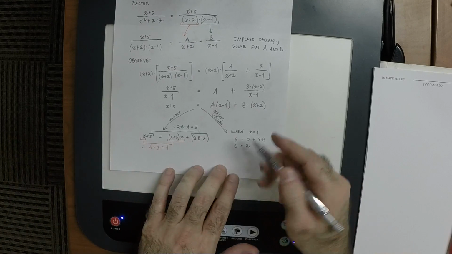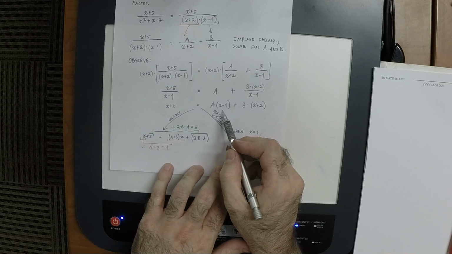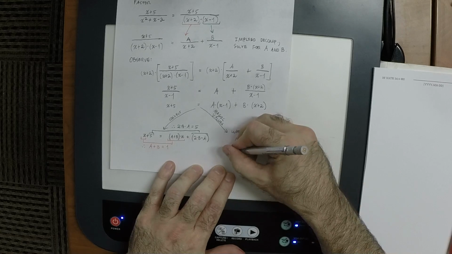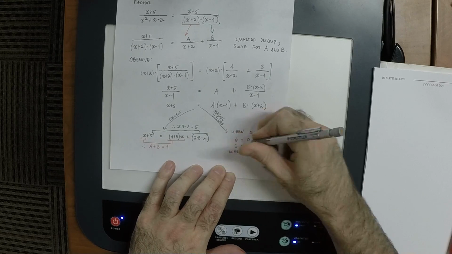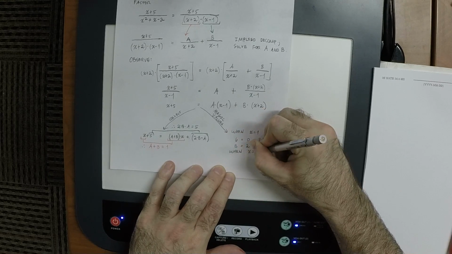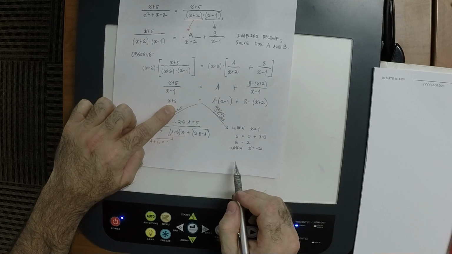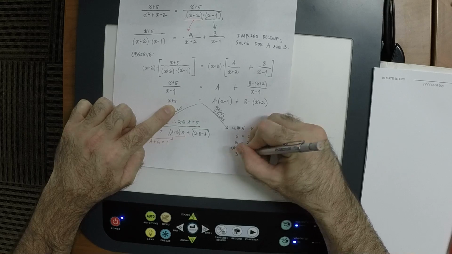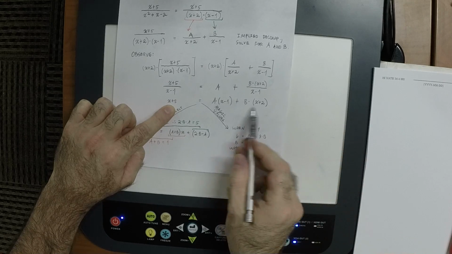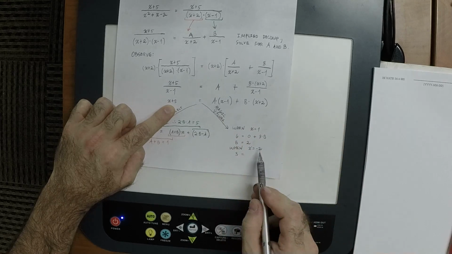But even if you didn't want to do that, besides 1, what's another magic value? Negative 2 is a magic value. So in that case, what's the left-hand side? 3. And so that whole term goes away. This would be what?